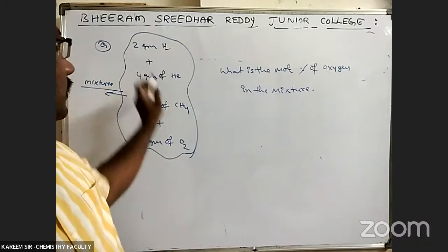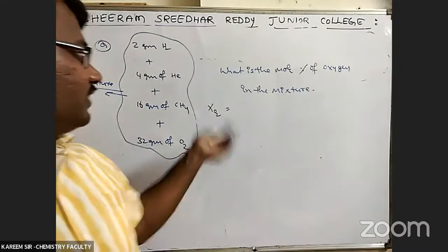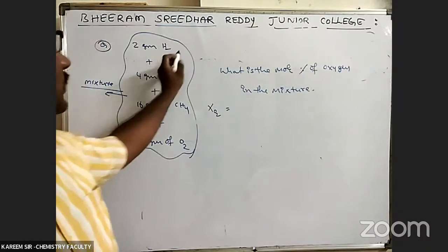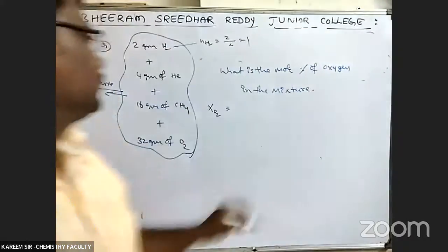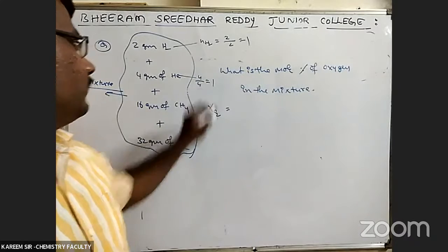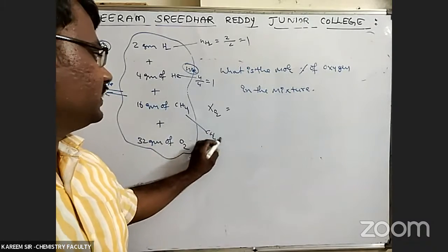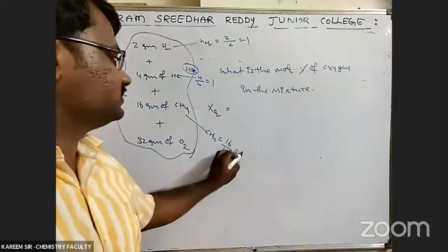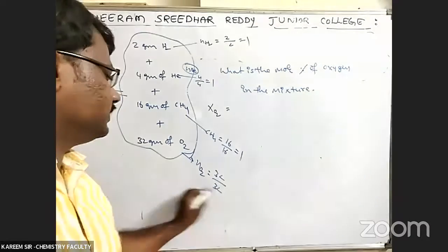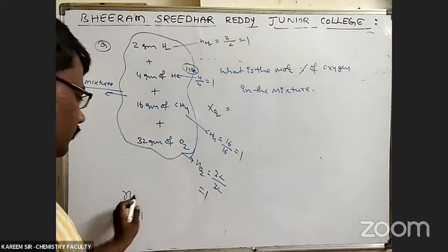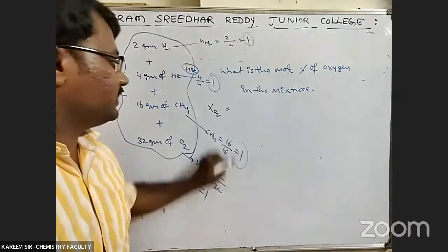First find the mole fraction of oxygen. Number of moles of hydrogen is 2/2, 1. Helium 4/4, 1. Methane 16/16, 1. Oxygen 32/32, 1. So the total moles is 4, 1 + 1 + 1 + 1.